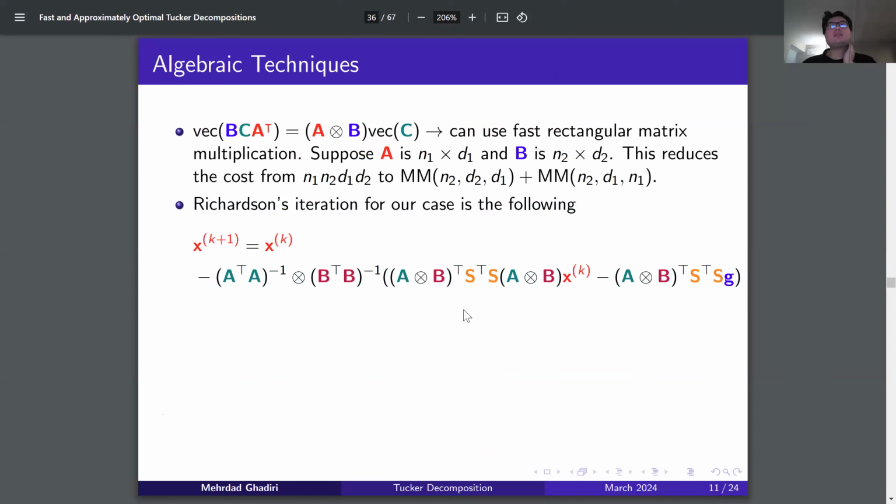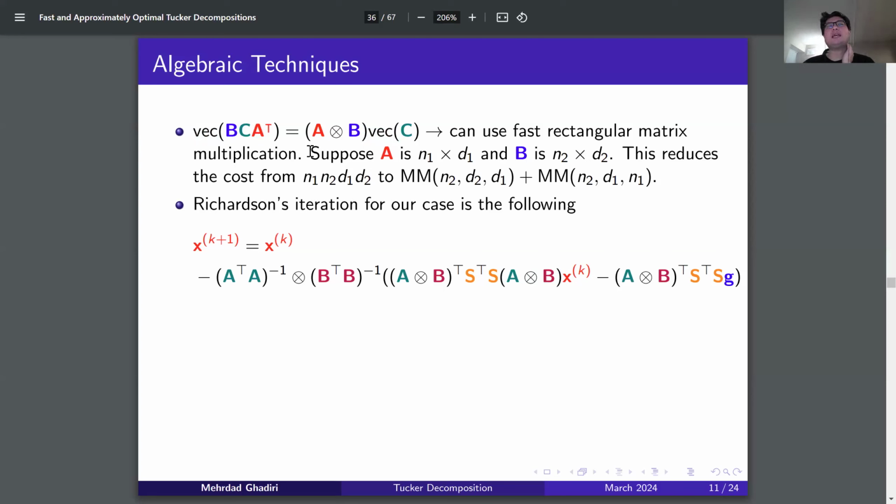Now there are two questions. I know that if I have a vector, I can multiply it with the Kronecker product fast. How do I know this? Again, this is a classic result. Let's say C is a matrix and vec of C is the vectorized version of that matrix, so it is a vector. I want to multiply that with A Kronecker product B. How long does it take?